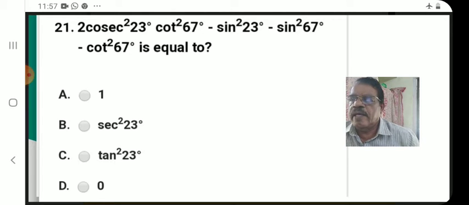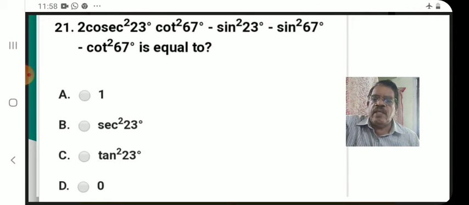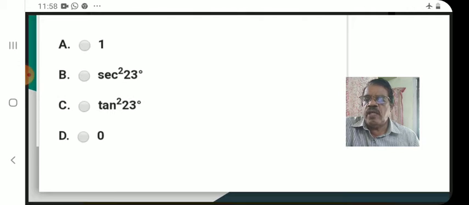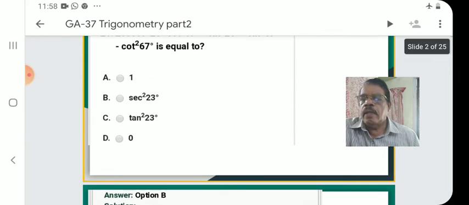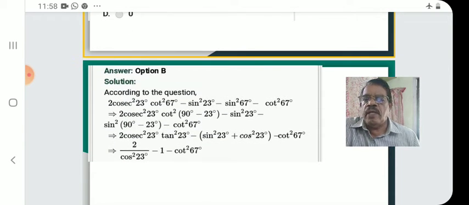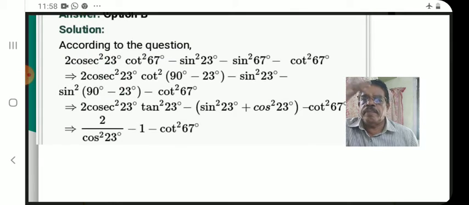So we can simplify these expressions. And remember, 23 and 67 have a relation: 23 is 90 minus 67. The answer for the 21st question is B, that is sec square 23. Let us see the simplification.